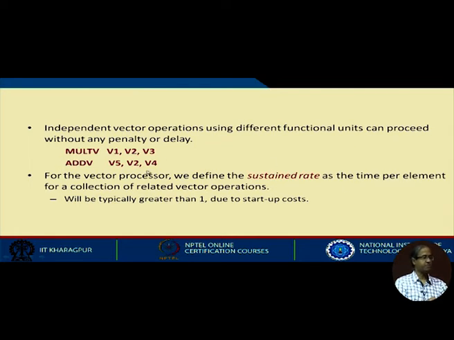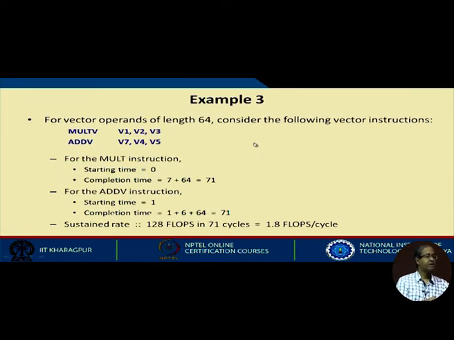Fine. Sustained rate is defined as, across a number of operations, the time per element for a collection of operations. Let us take an example. Let us say there are 2 instructions like this, multiply followed by add, and the operands are of length 64. For the multiply instruction, the starting time is 0, because in clock cycle 0 it is starting. Completion time will be 7, the startup time for multiplication, plus 64 into 1, that is 71. The add will start after 1 clock cycle in the pipeline, so its starting time will be 1.